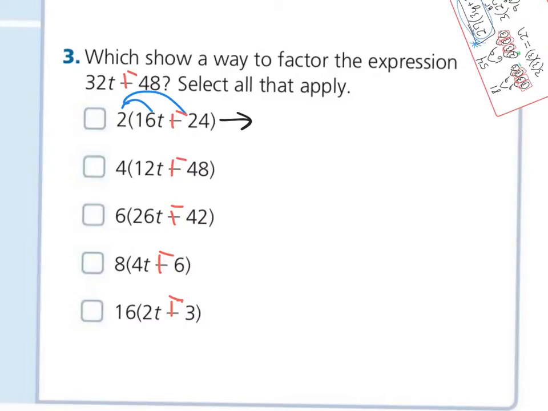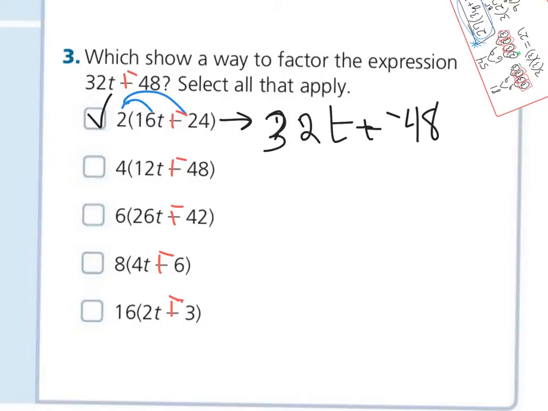So if we do this first one, we've got 2 times 16t, so 2 times 16 ends up being 32, so that would be 32t, and then 2 times 24 is 48. So this would be 32t plus negative 48, or 32t minus 48.